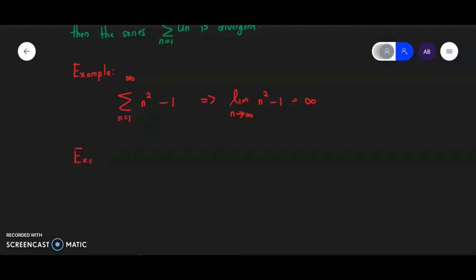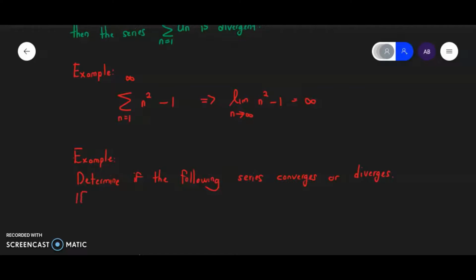Example number 2. Determine if the following series converges or diverges.